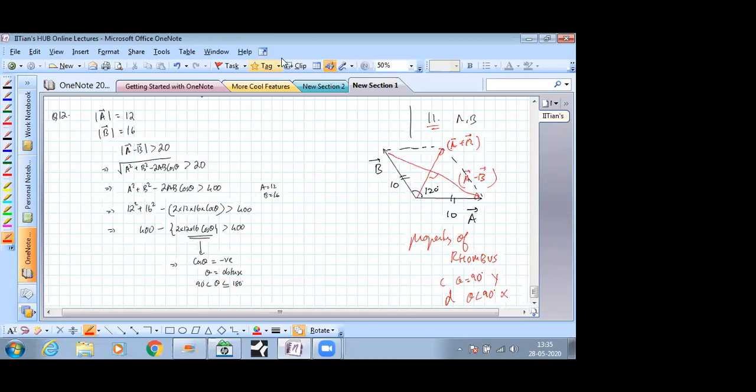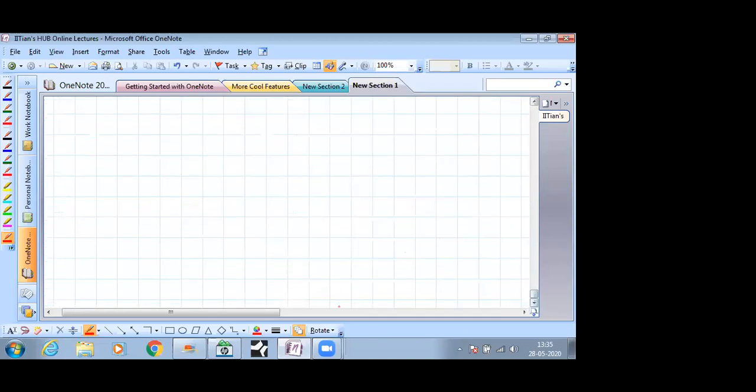Okay, so let's come to the 13th question now. In the 13th question, to solve it, you should consider a hexagon like this.